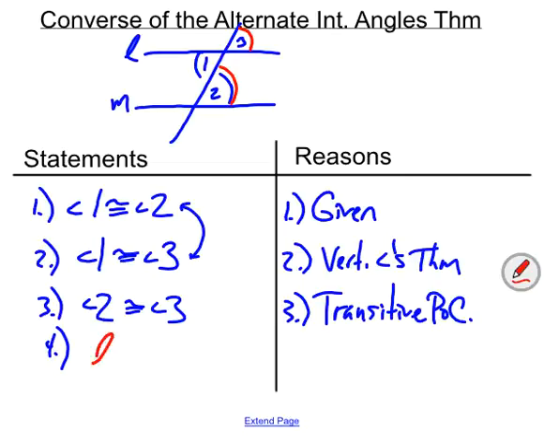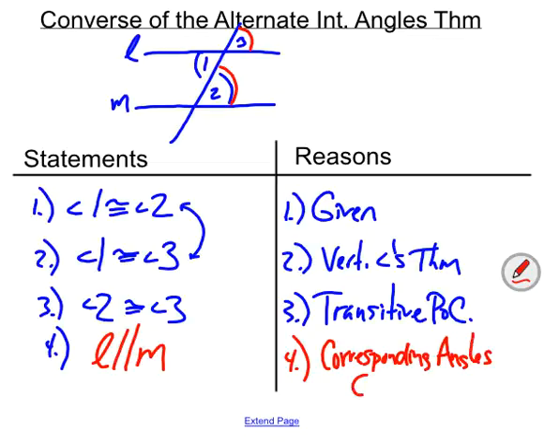So our conclusion here is that L is parallel to M, and the justification is the corresponding angles converse theorem, which essentially says if corresponding angles are congruent, then the lines are parallel. Okay, so that's our basic 2-column proof for this.